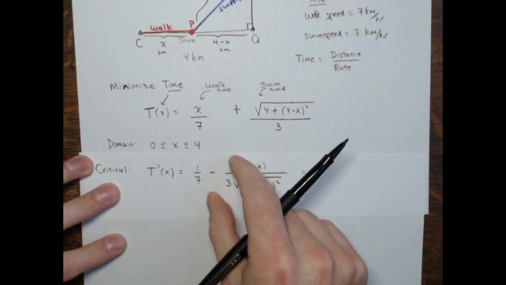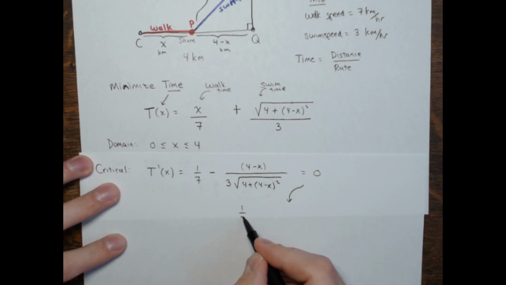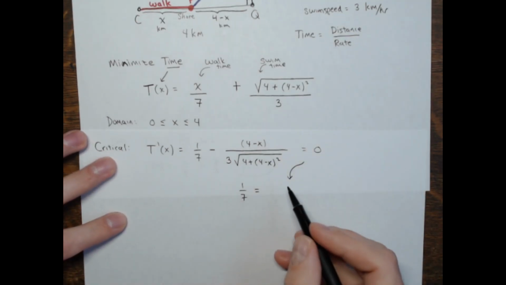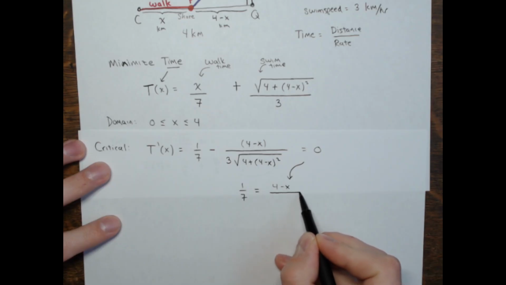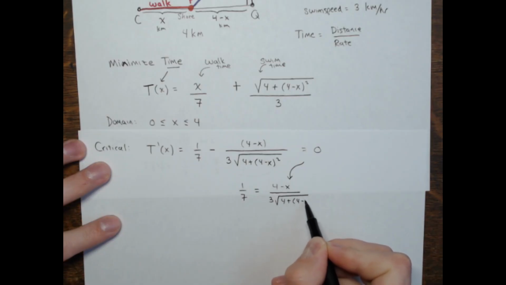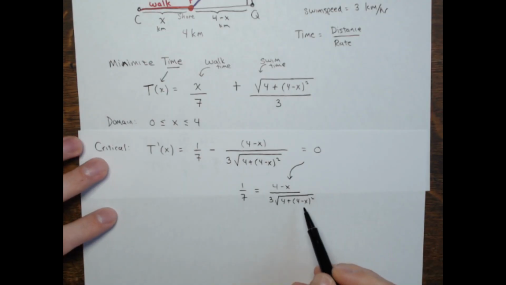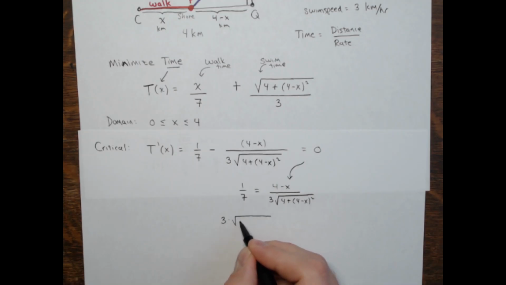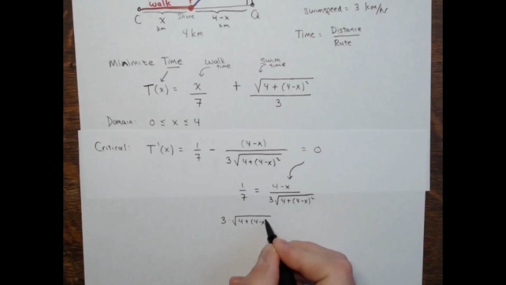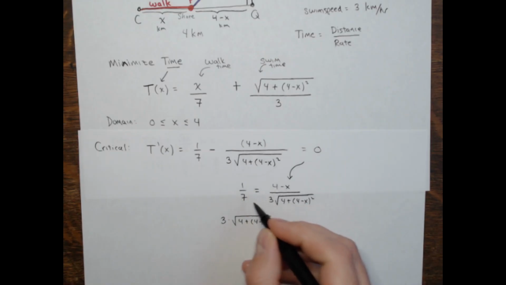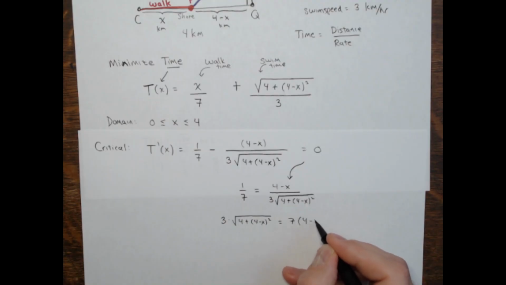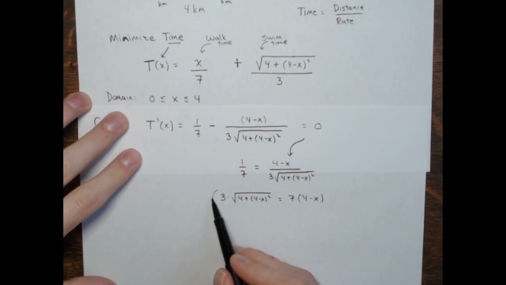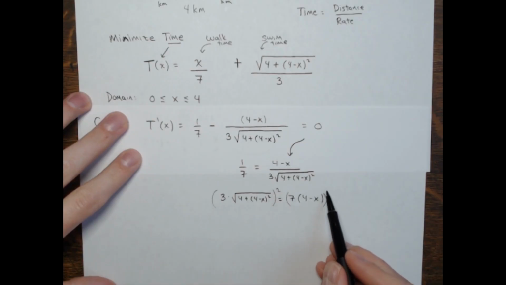Now this will be equal to 0 if, again, I just add this fraction here, that's when 1/7 is equal to 4 minus x over 3 times the square root of 4 plus 4 minus x squared. So again, I do cross products, square both sides. So 3 times the square root of 4 plus 4 minus x squared must be equal to 7 times 4 minus x. Square both sides to get rid of that square root.